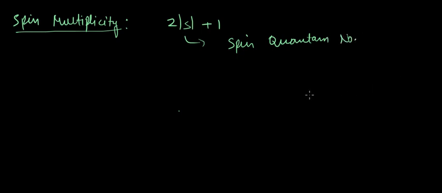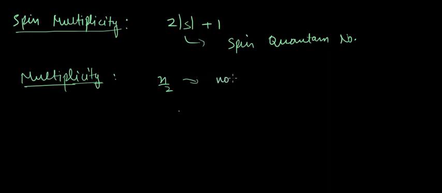And let's say we also have a term which is multiplicity, I think I got it wrong here, which can be defined as n by 2, where n is the number of unpaired electrons.